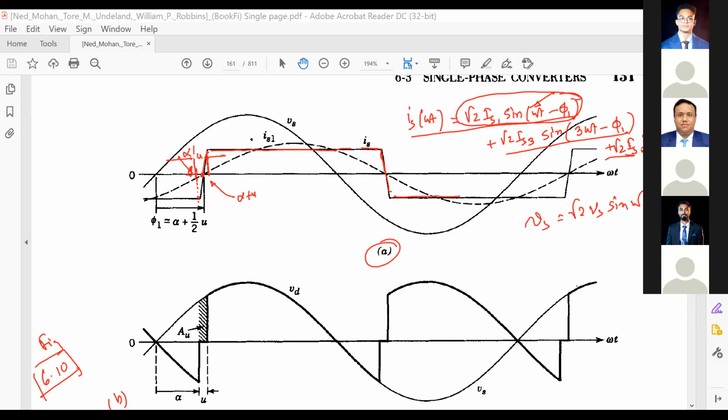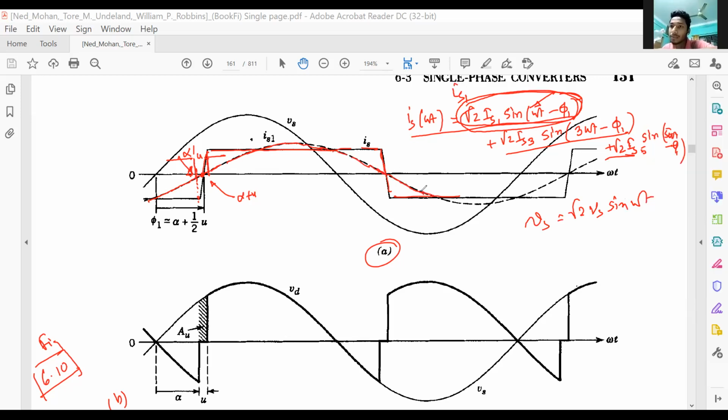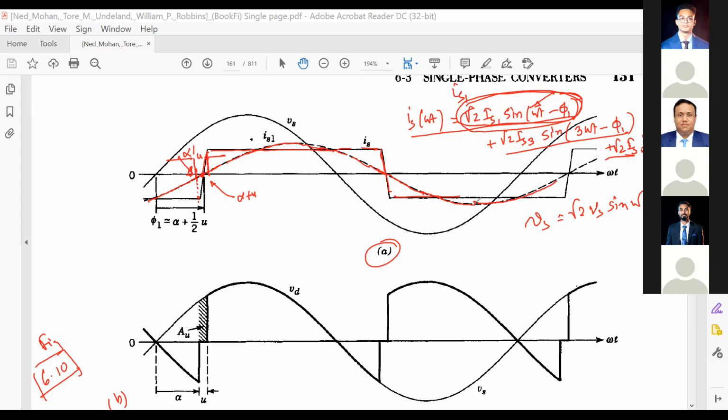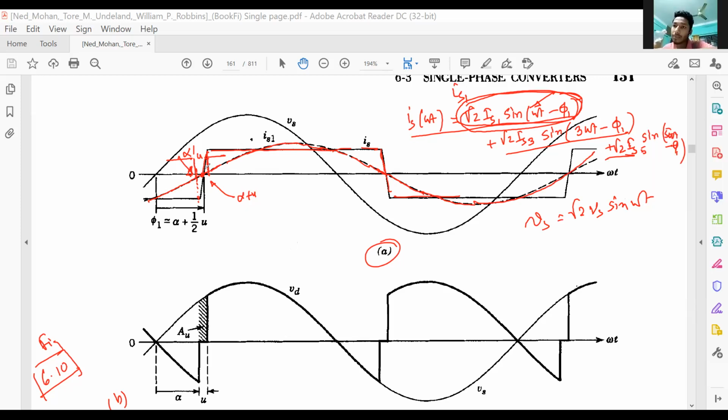Now, if we plot this IS1, suppose this is your IS1, so that will be your this one. Are you following? Yes, sir. So look here, what is the angle difference between zero crossing of Vs and IS1? It contains the fundamental frequency, and this IS1 also has the same frequency. The angle between them is known as the displacement angle, if you remember.